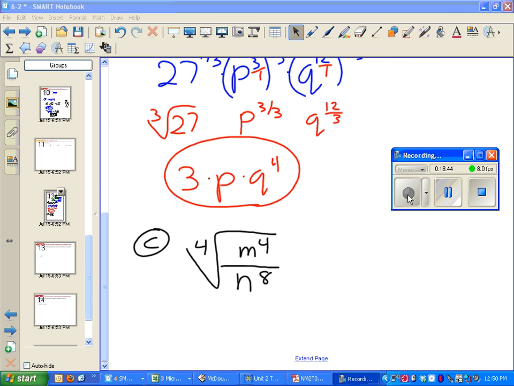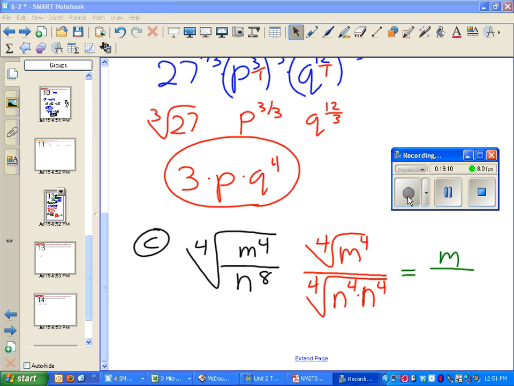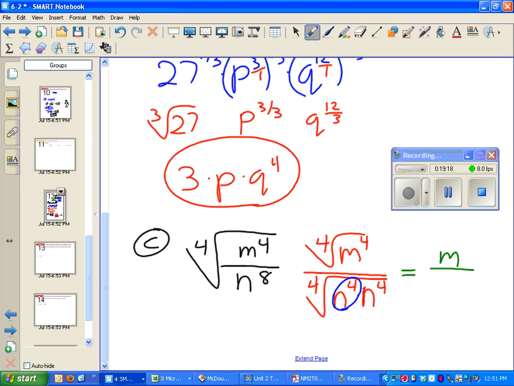For part C, I can split this up. This is going to be the 4th root of m to the 4th, and this is going to be the 4th root of n to the 8th, which I can rewrite as n to the 4th times n to the 4th. Okay. So the 4th root undoes the 4th, so on top I just have m. And then on the bottom, this can come out to play as 1n.